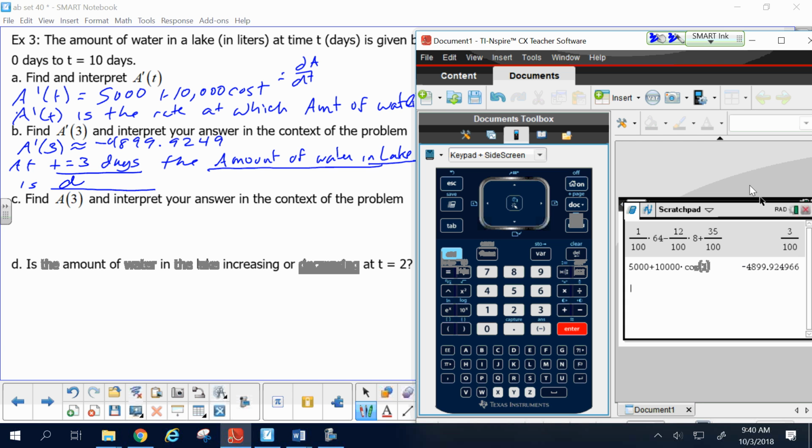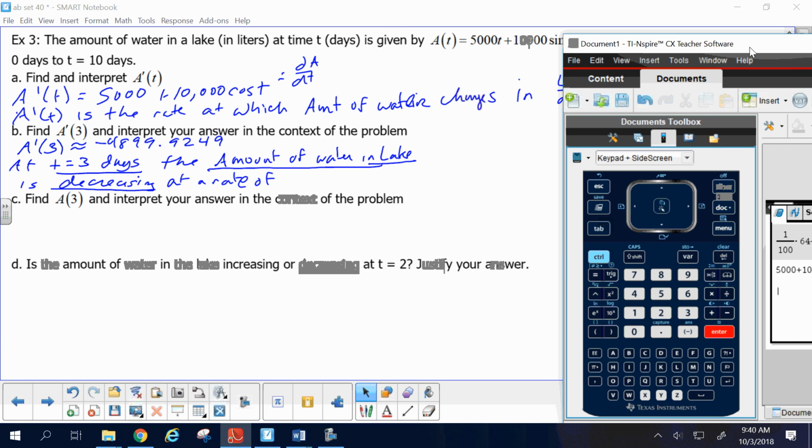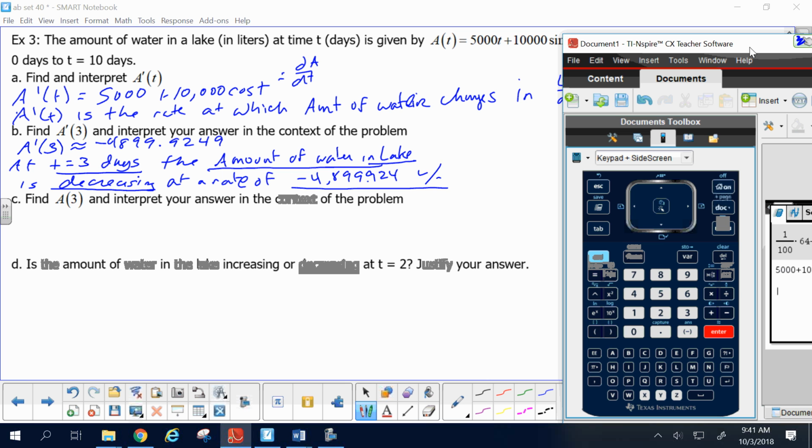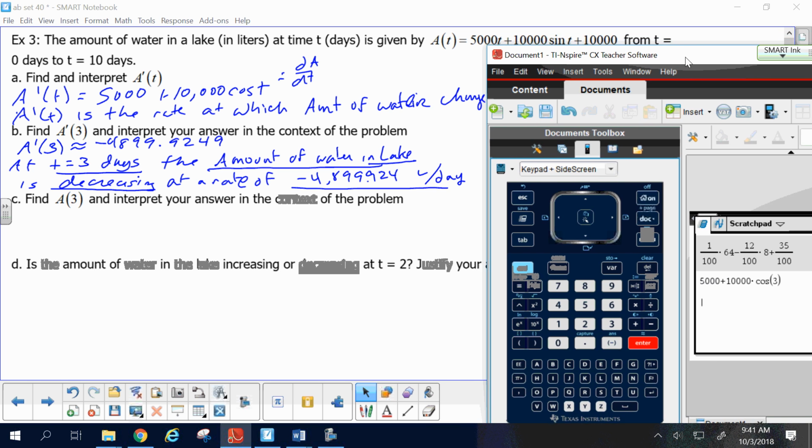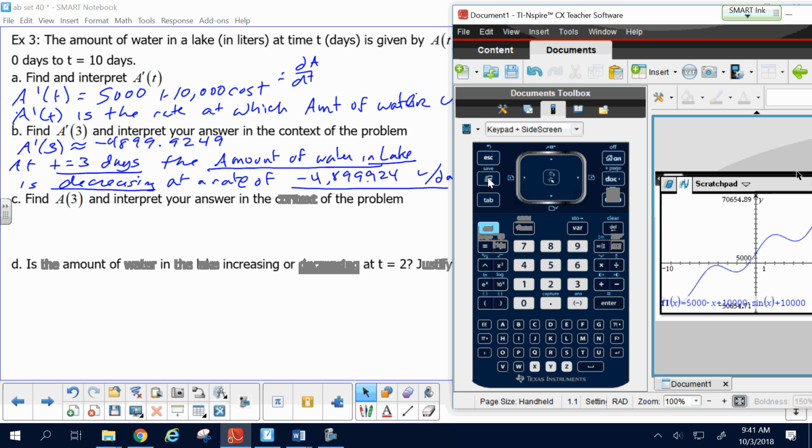The amount of water is decreasing at a rate of, which is always there. And then finally, interpreting your answer: negative 4,899.924 with units. What are the units? Liters per day. At that point in time, the water in the lake is decreasing at a rate of almost 5,000 liters per day.